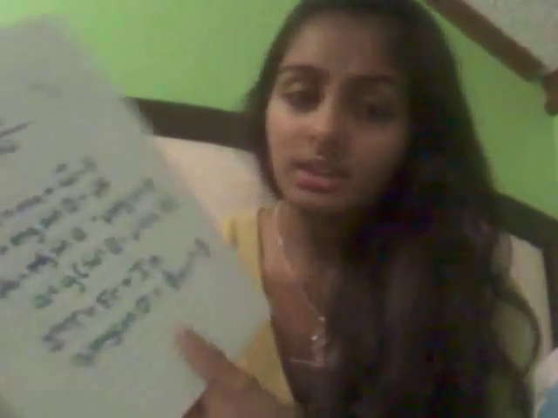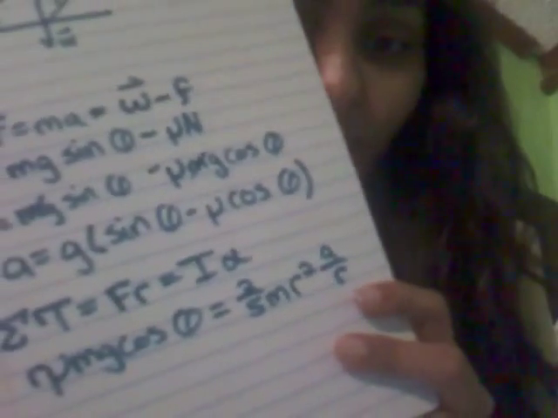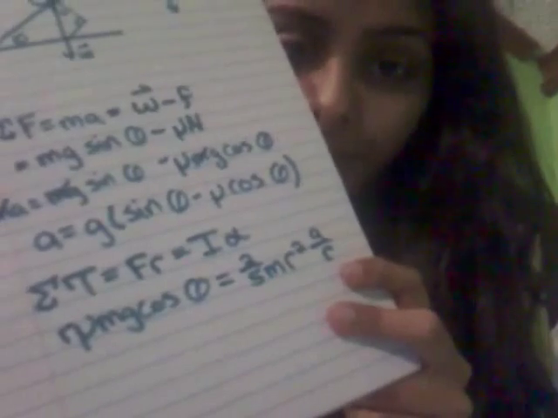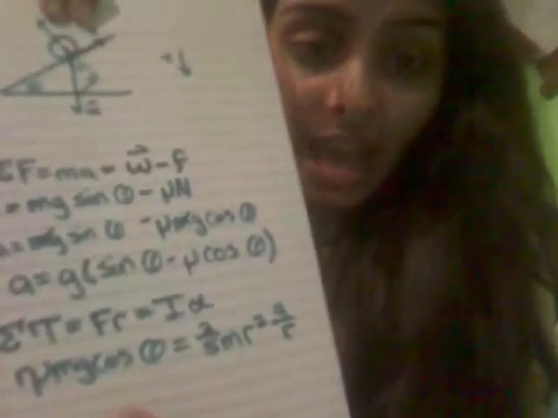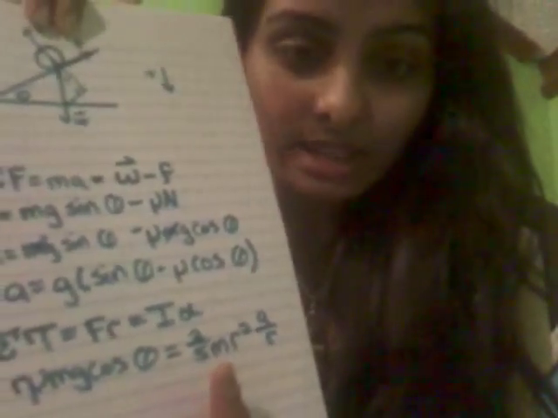So we substitute that in, and we get a over r. Both sides have mass, and both sides have the r's, so we can cancel those out. So cancel m, then the r's cancel, and you end up with mu cosine theta equals 2/5 a, correct?